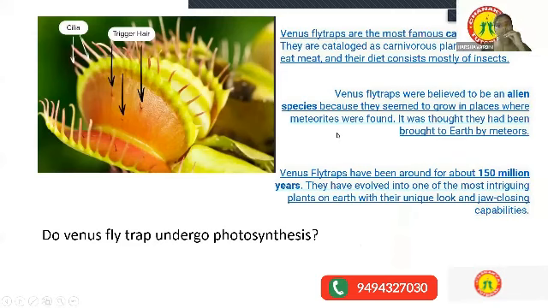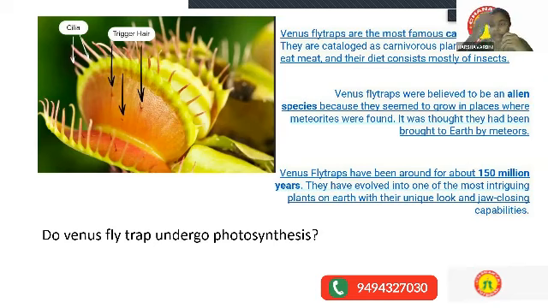You can take it as a myth also, but they have some observations. They have records that they are found near meteorites, so they are thinking it may be from an alien species, brought to Earth by meteorites. Meteorites are basically stones made up of sand, so maybe that sand had the seeds of Venus flytrap and brought them to Earth.